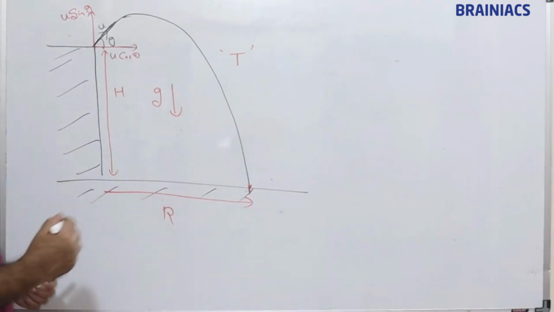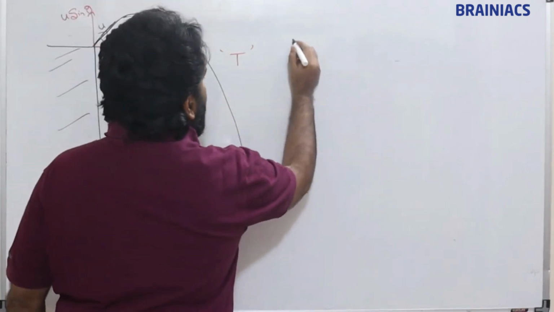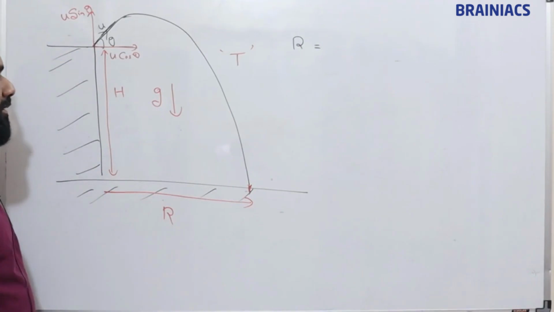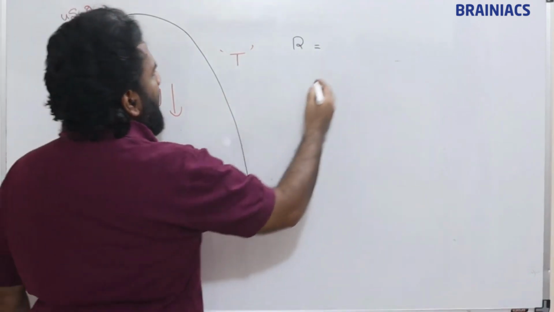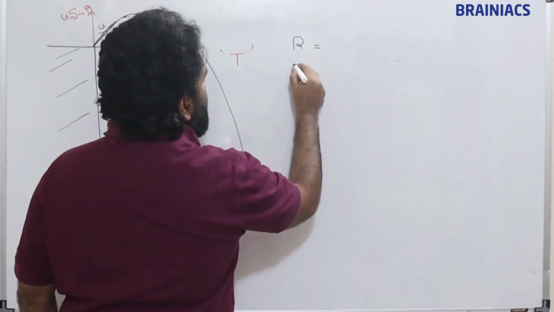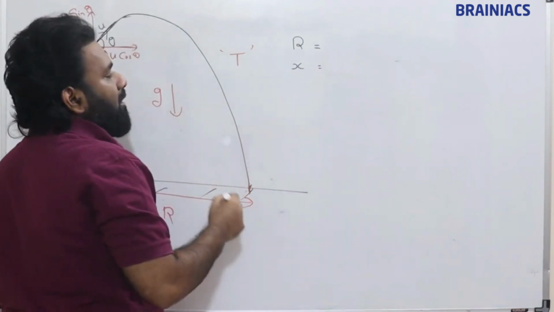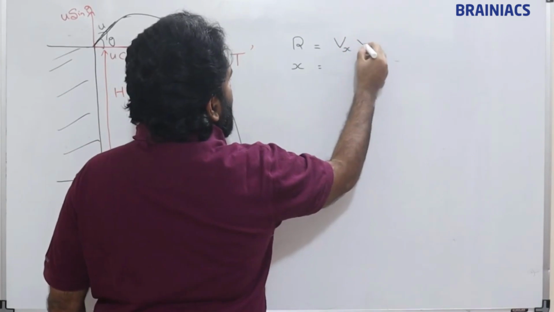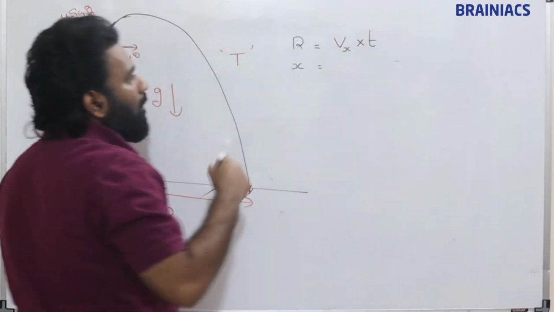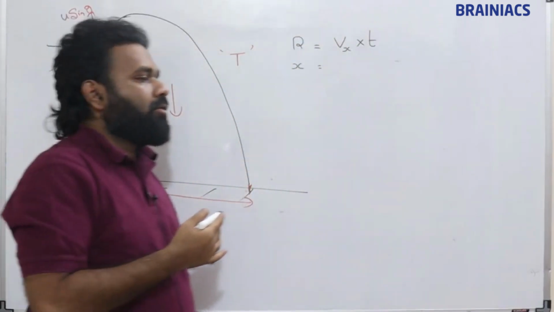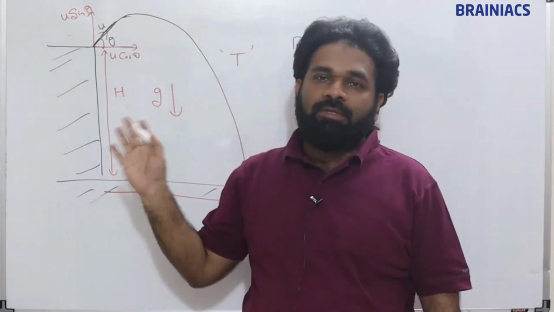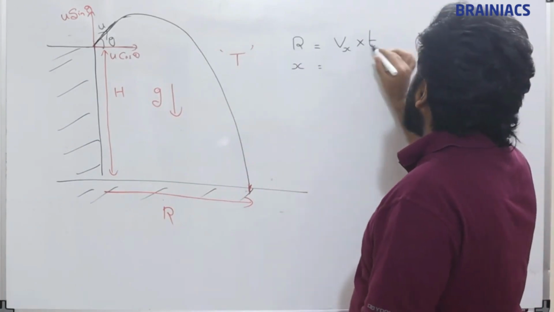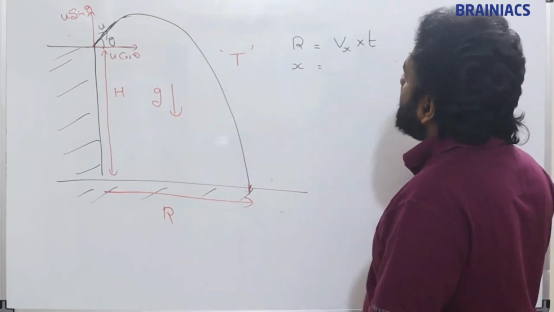Suppose we need to find the range. Range is actually the horizontal displacement. So range is equal to horizontal velocity into time, because the horizontal velocity will not change. No force is acting. If force is acting, things will be different. No force is acting, so Vx into t.